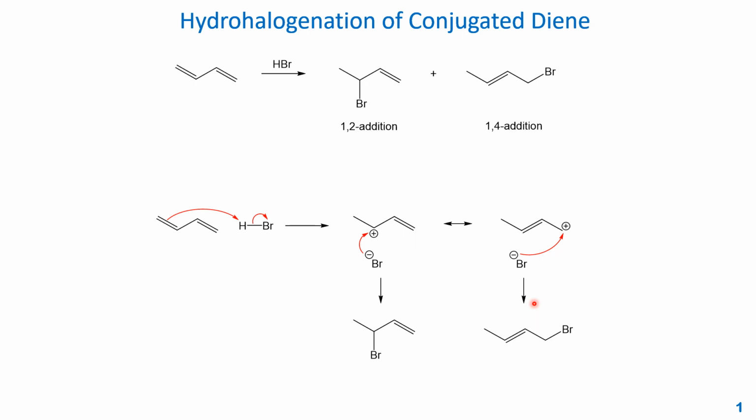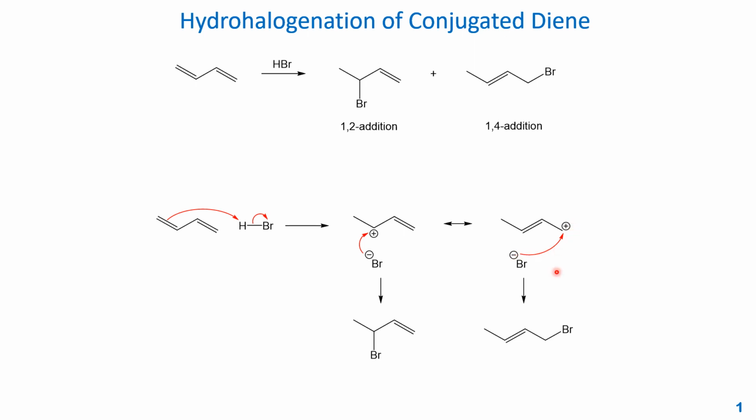The 1,2 addition product forms faster because of the proximity principle: after the first step, this bromide should be closer to this carbon 2. So this addition will be faster than the addition to the other resonance structure, because the distance is longer.